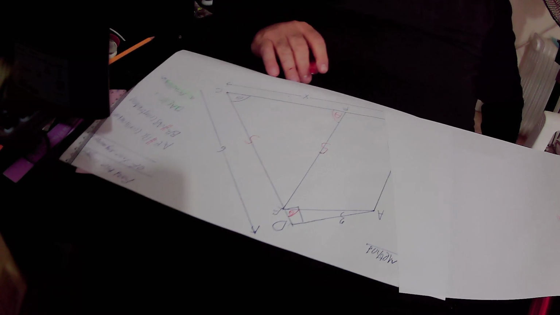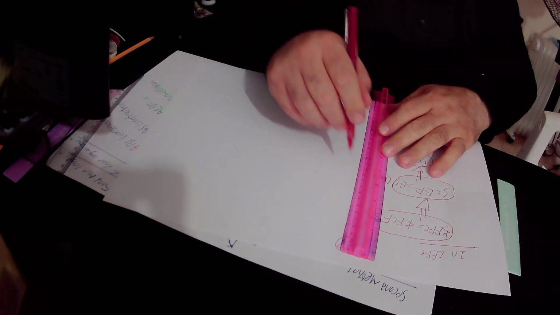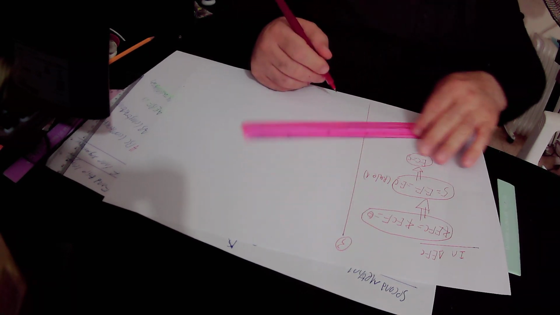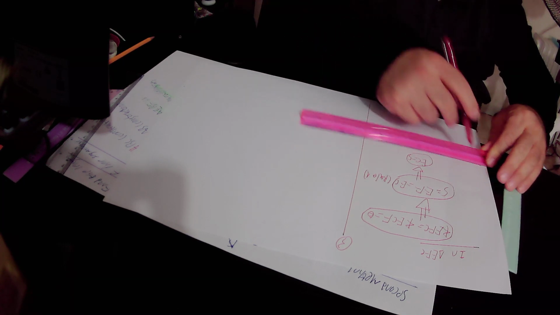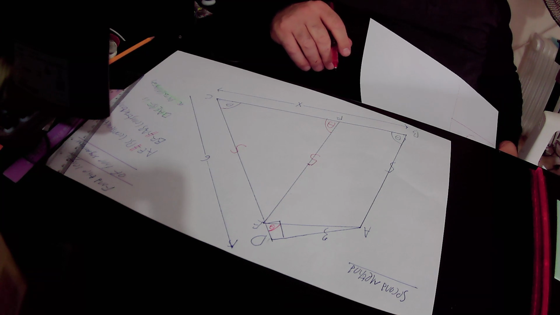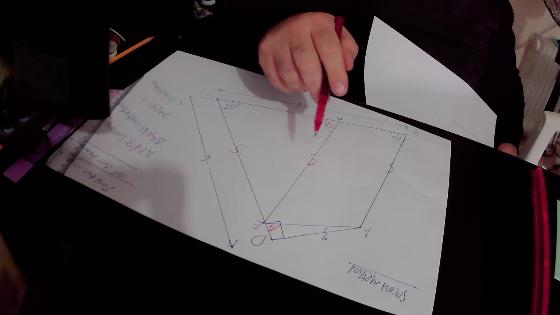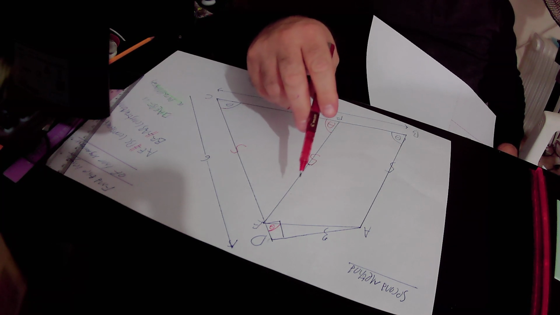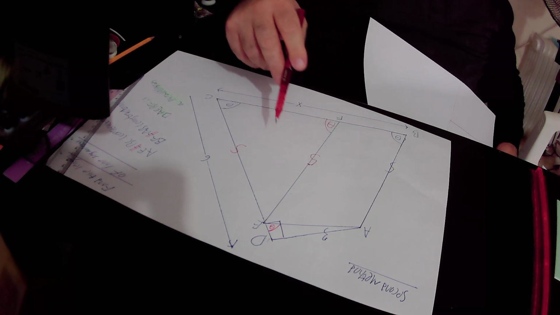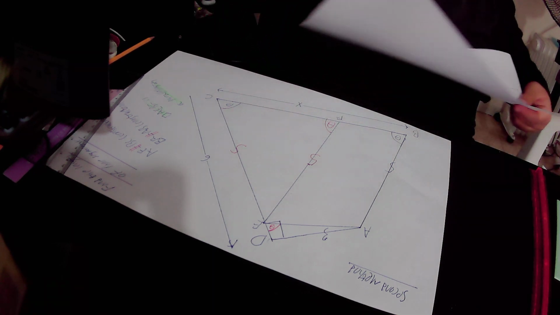And here we have the small line segment DE. What is its length? It is very easy to see from the drawing that DE equals DC minus EC.